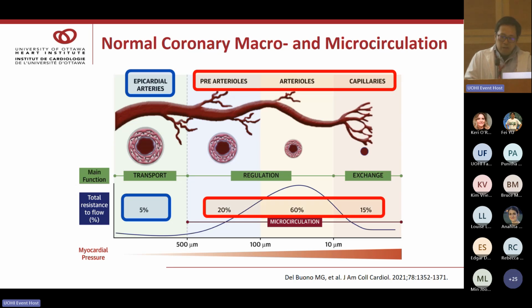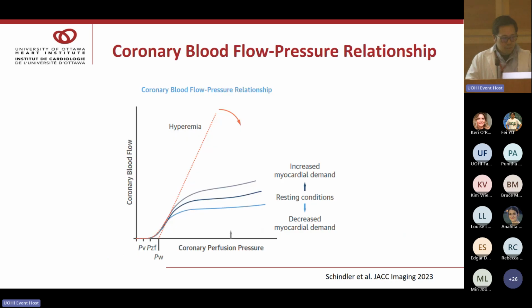The coronary microcirculation includes the pre-arterioles, intramural arterioles, and capillaries. These small vessels are responsible for more than 90% of coronary resistance under normal conditions. So the microcirculation is crucial in regulating myocardial blood flow in response to metabolic demands.